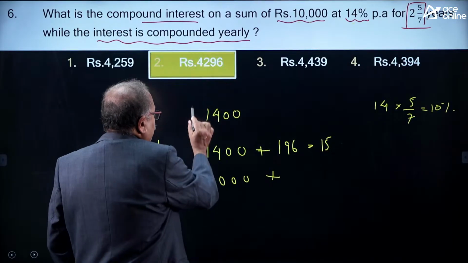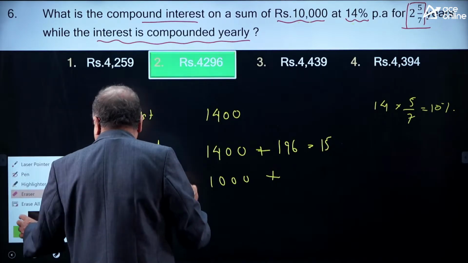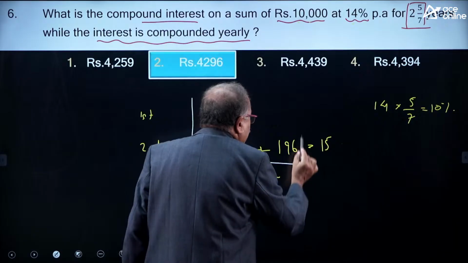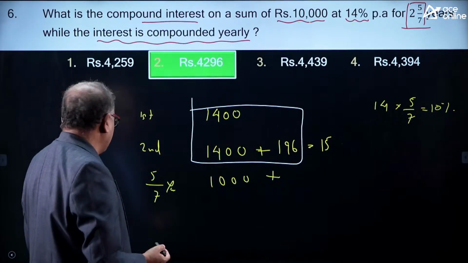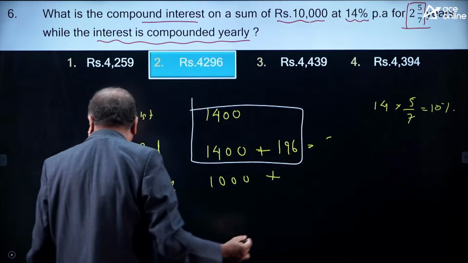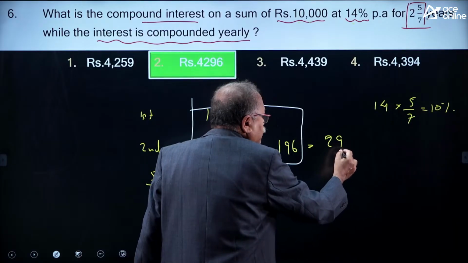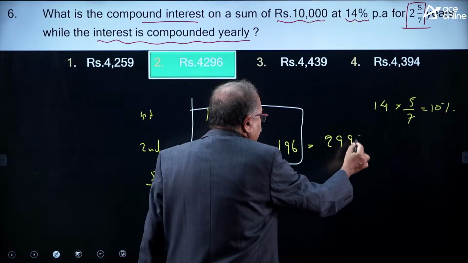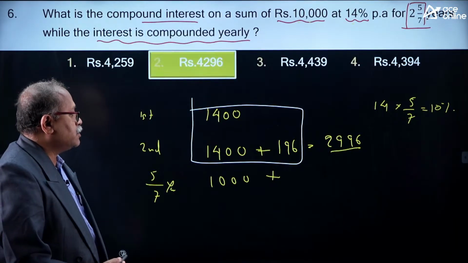This is what the total interest is. It is good that Pandu has answered the question. So, what is the total interest? 2800 and 1296, 2996. So on this 2996, I need to take the 10%, and the 10% is nothing but 299.6.